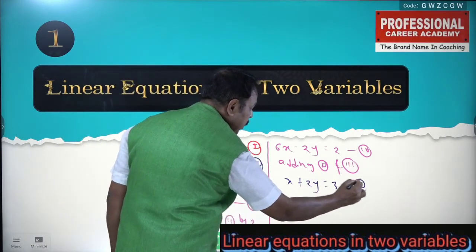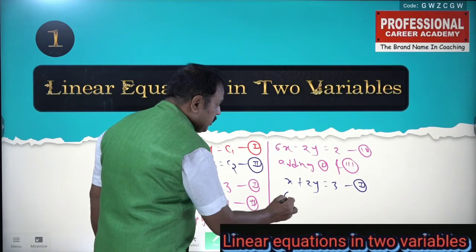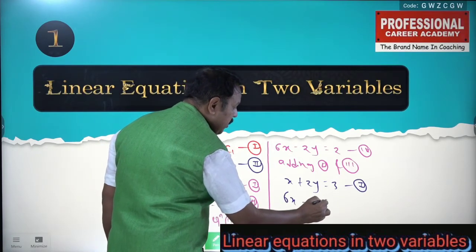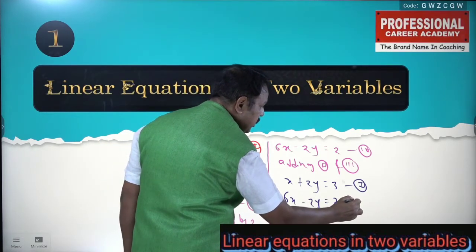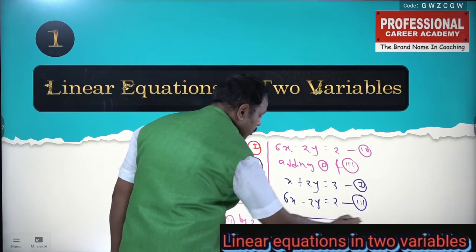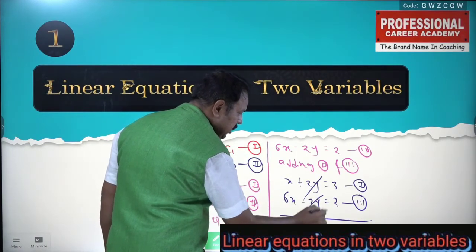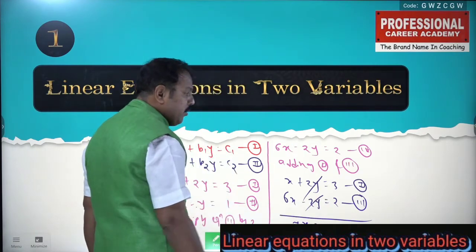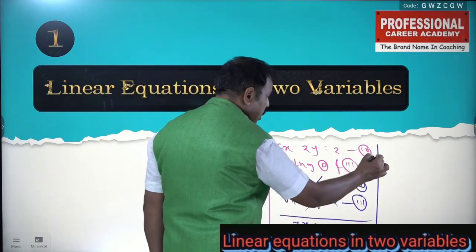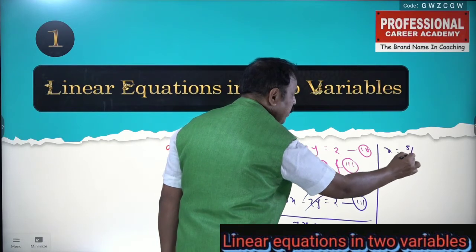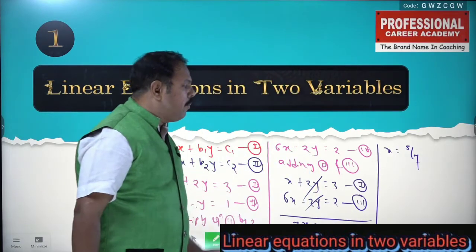And what is 3? 6x minus 2y is equal to 2. That is equation number 3. 2y minus 2y gets cancelled. It is 7x is equal to 3 plus 2, that means 5. Therefore we can say x is equal to 5 by 7. You get the value of x.